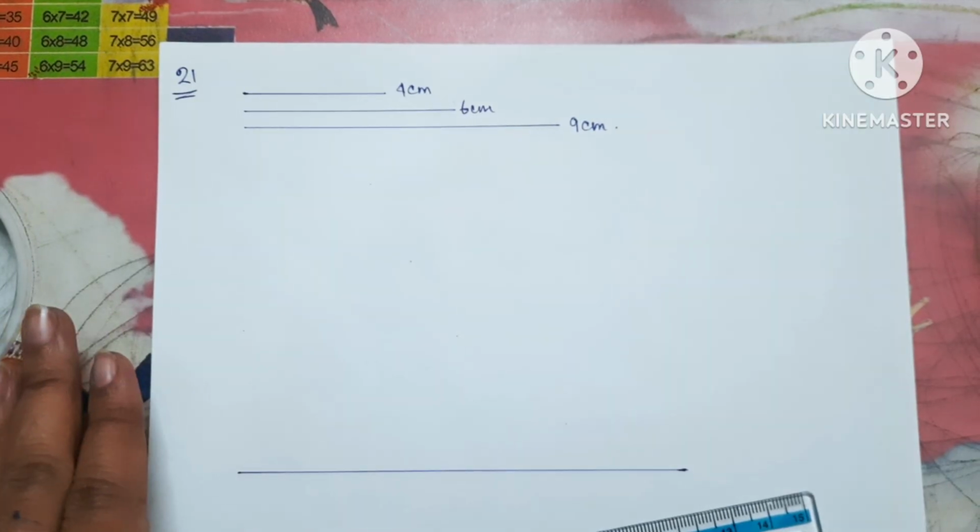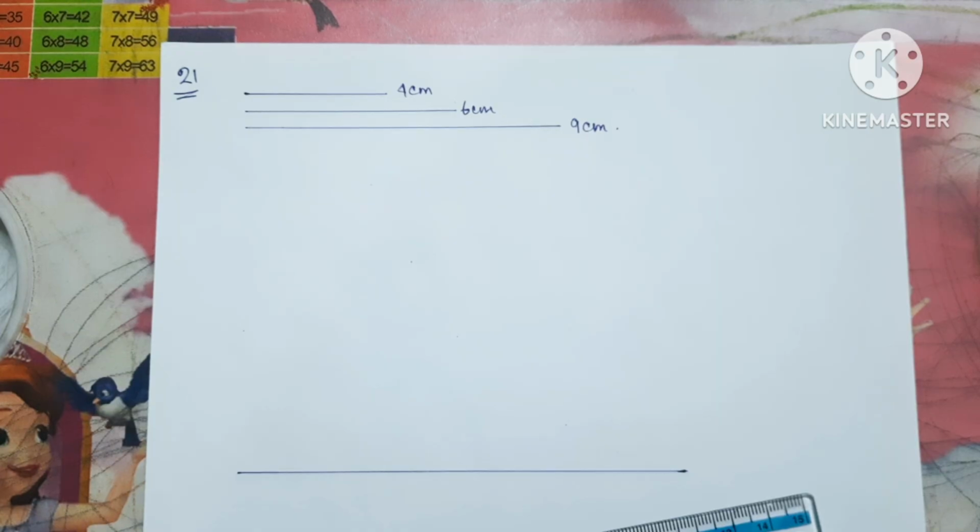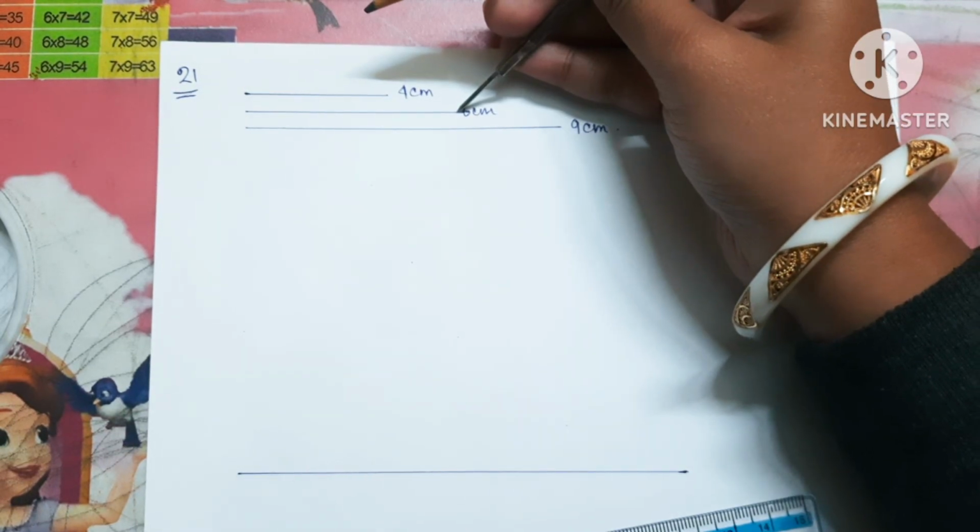See question number 21. You have to construct a triangle ABC with AB 6 centimeter, AC and BC 9 centimeter. Then you have to find a point 4 centimeter from A and equidistant from B and C. A point equidistant from B and C will be on the perpendicular bisector of BC. So first you have to draw the triangle. Let's take this 6 centimeter.